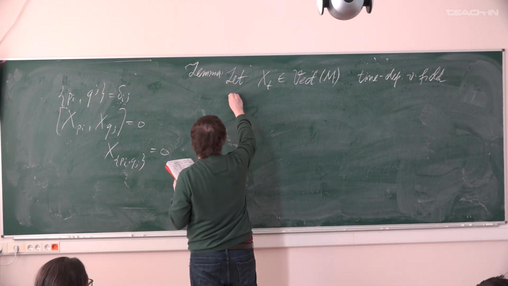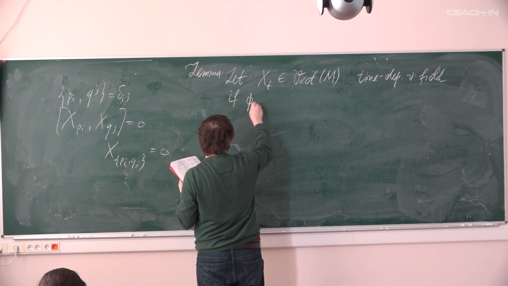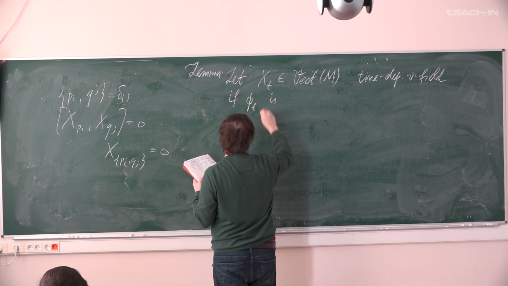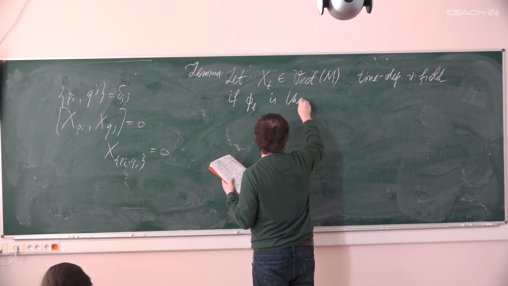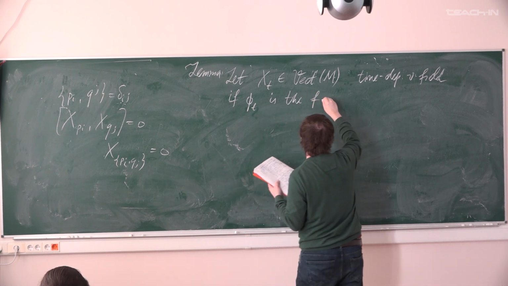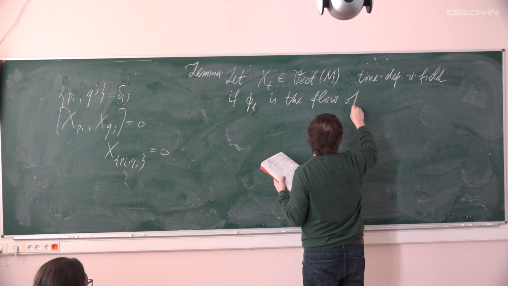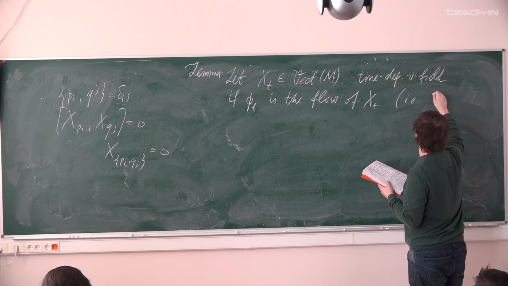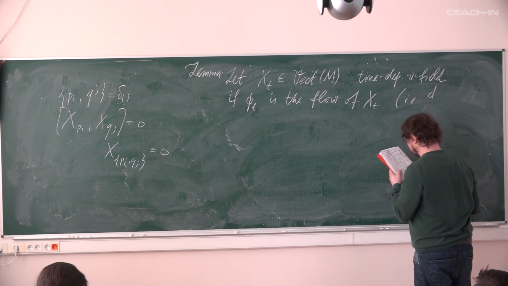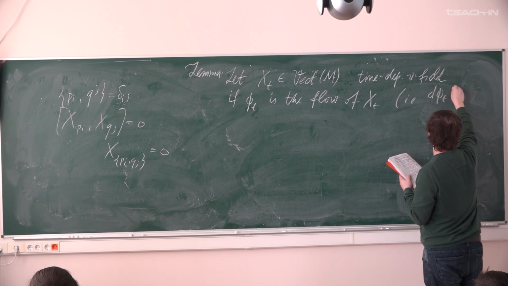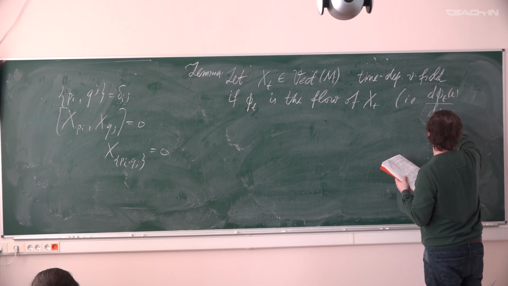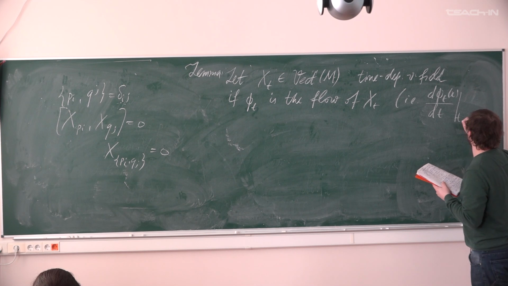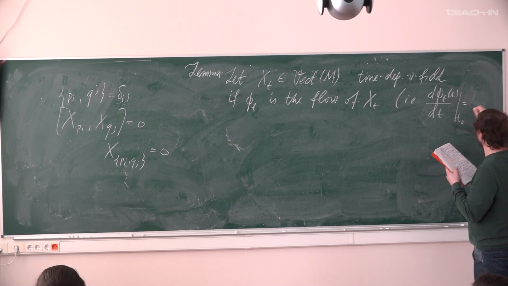Then, if phi_t is the flow of X_t, that means that d phi_t(x)/dt at some point t_0 would be equal to X_{t_0}(x).